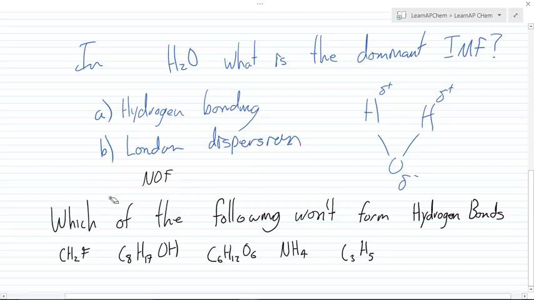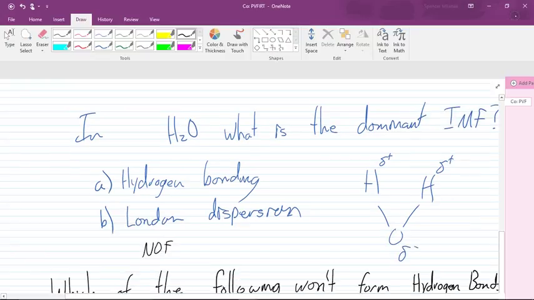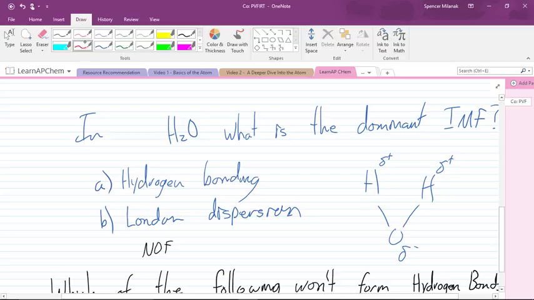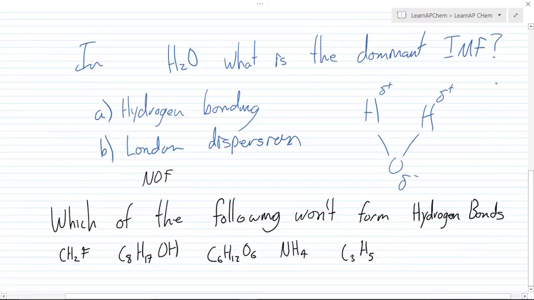So let's go through the list and see what does and what doesn't have N, O, or F. CH2F, that's got F in it, so we can cross that out. C8H17OH, we have an O in there, so we can cross that out. C6H12O6 has an O, so we can cross that one out.